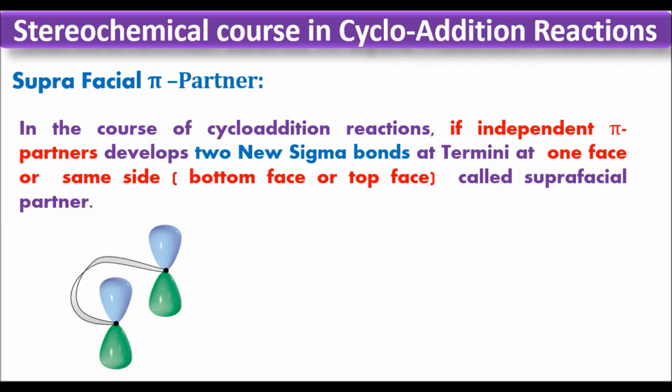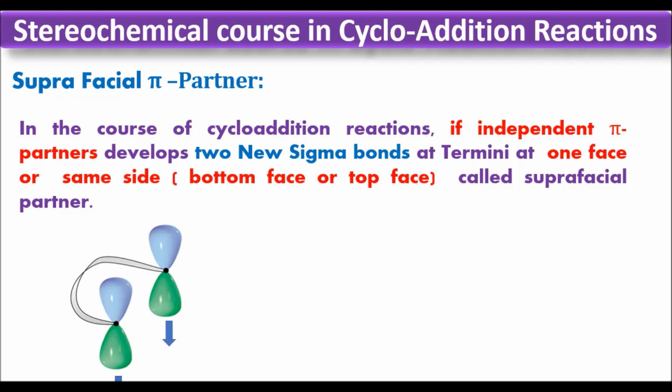If blue lobes, the top side lobes, are involved in bond formation, that is called suprafacial cycloaddition. Or the bottom side lobes, the green lobes. To illustrate this, here this sigma bond is formed at the bottom side.